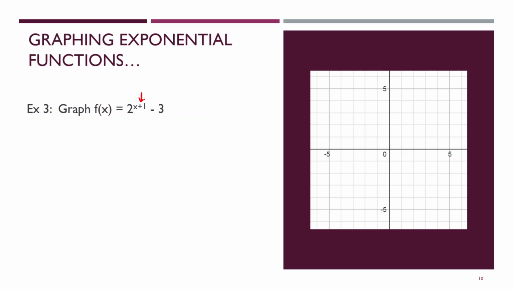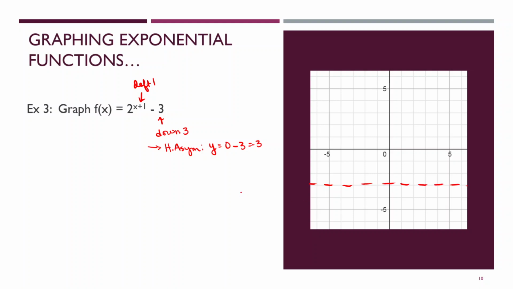We notice here that this +1 is going to move it left 1 spot, and the -3 is going to move it down 3. Now, the interesting thing is moving it down 3, now my horizontal asymptote is at y equals 0 minus 3, which is -3. So before I even start graphing, I'm going to mark that line.